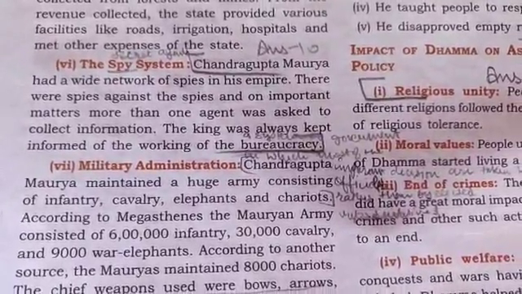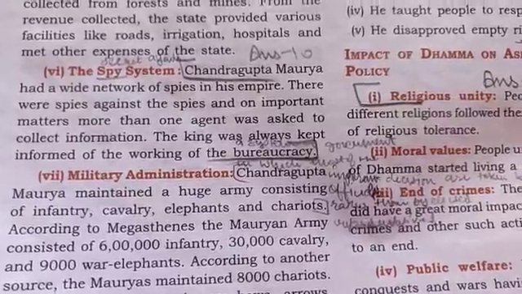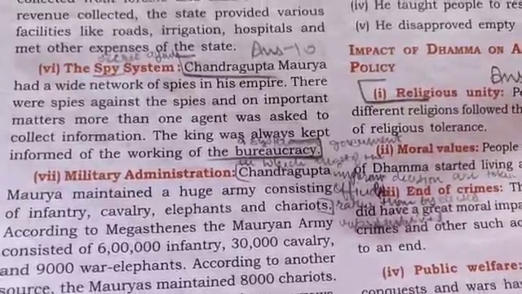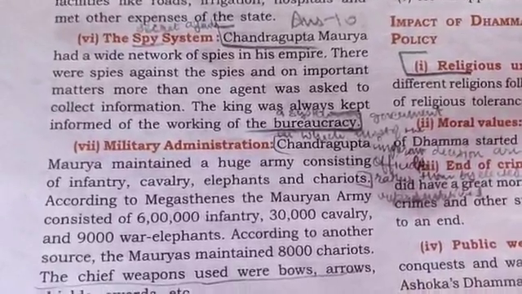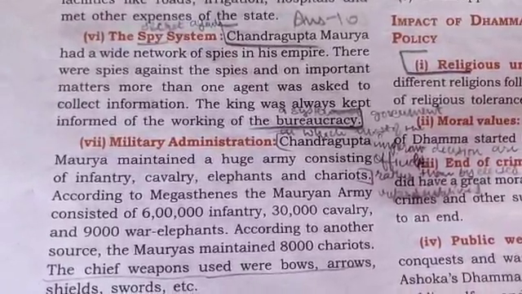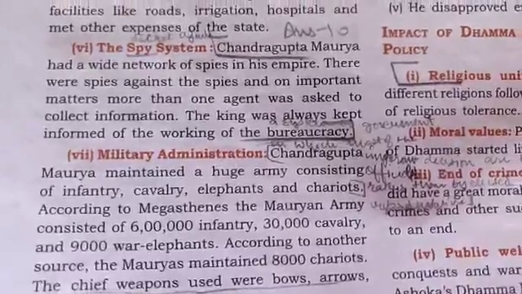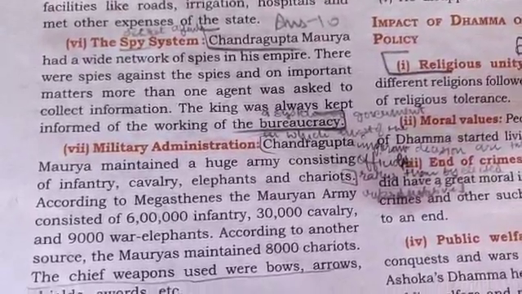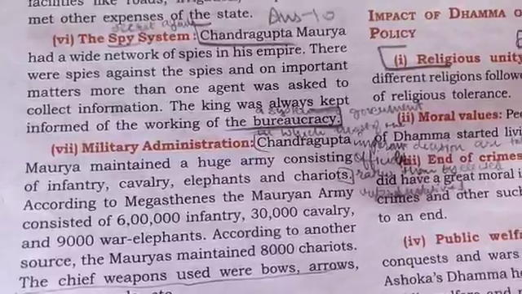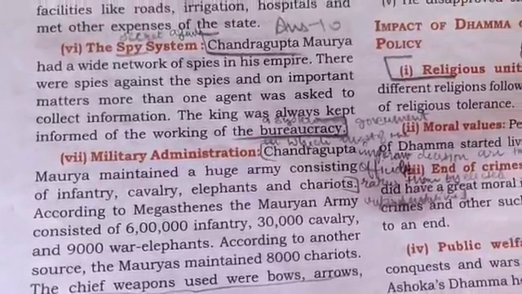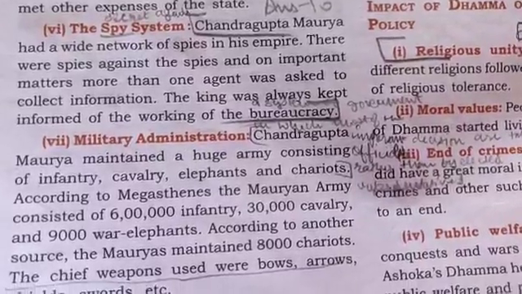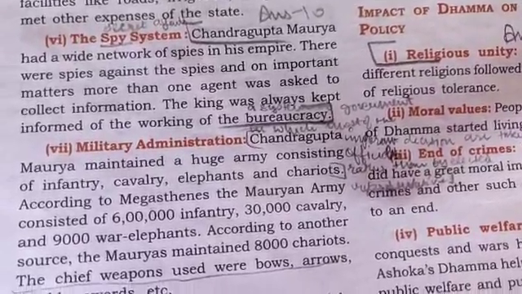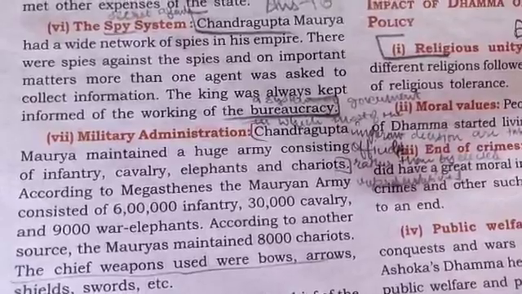The spy system. Now, spy system, secret agents who look after that the security of the kingdom is not threatened. Chandragupta Maurya had a wide network of spies in his empire. So, if somebody was not happy and they were planning to dethrone the king or to somehow harm the kingdom in some way or the other, so these spies came in handy and they supplied the king with all the information needed.